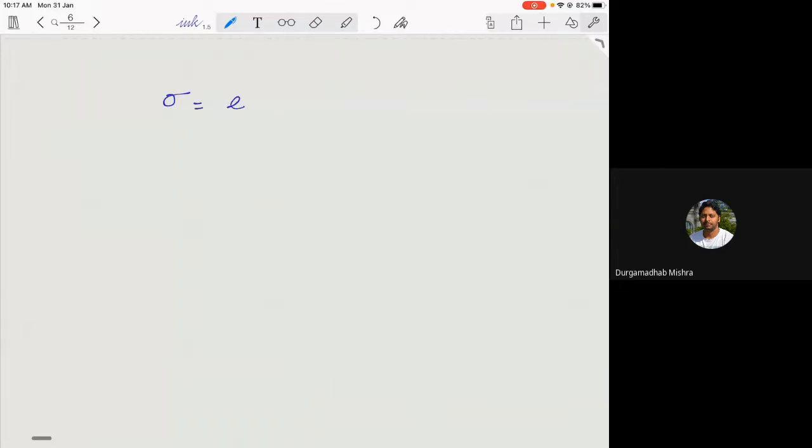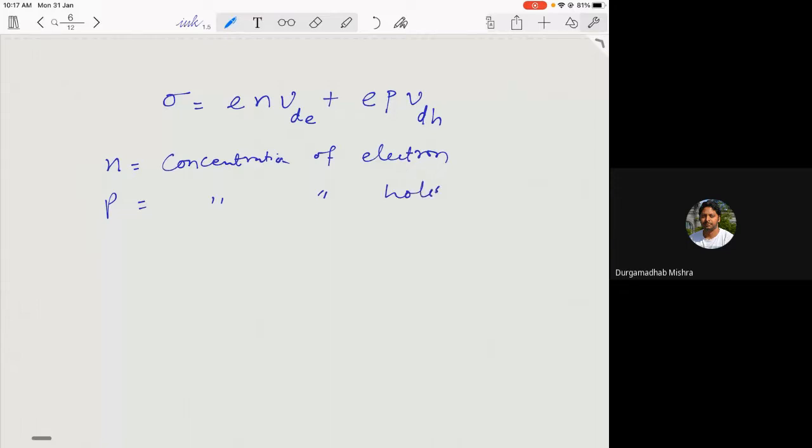So it will be equal to e n v drift plus e p v drift of hole. The charge of electron and hole will have the same magnitude. What is n? n is concentration of electron, and p is concentration of holes.